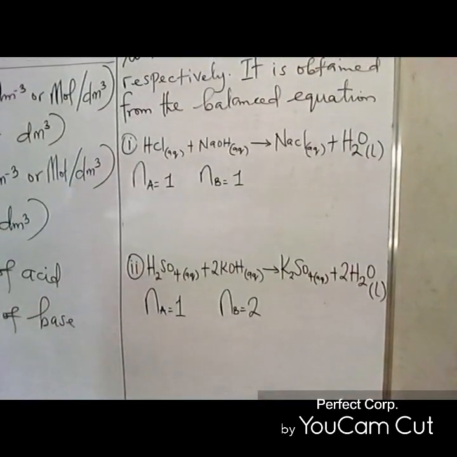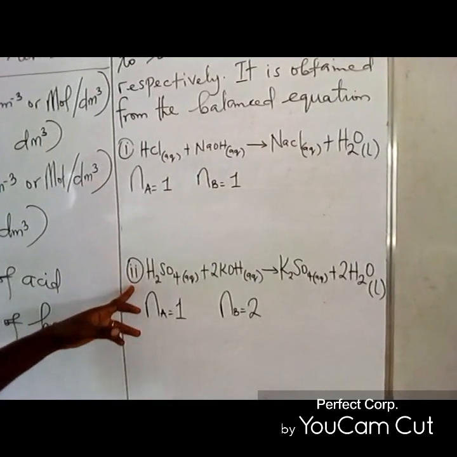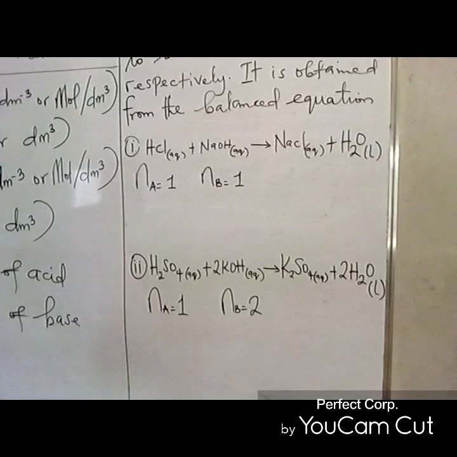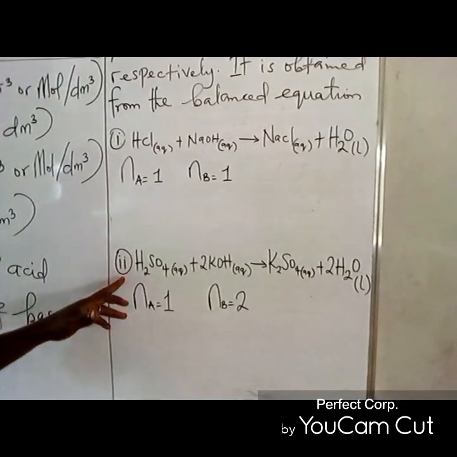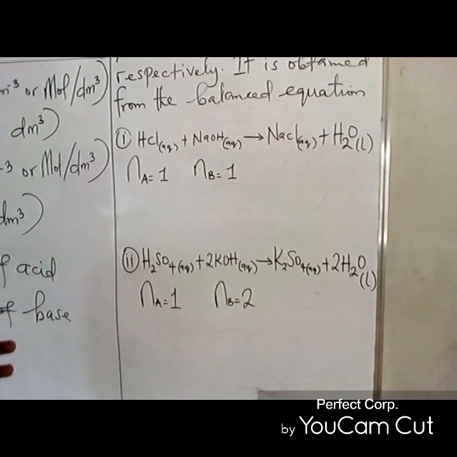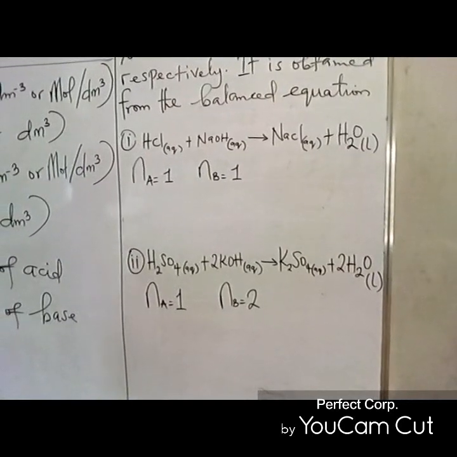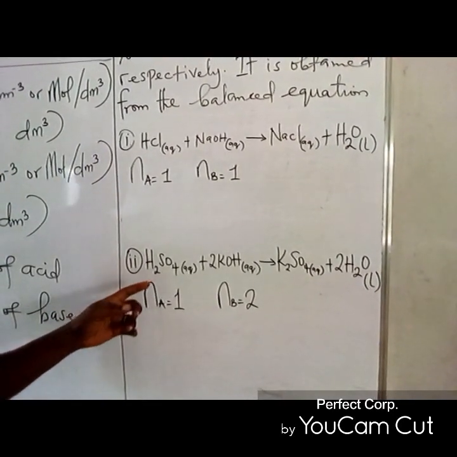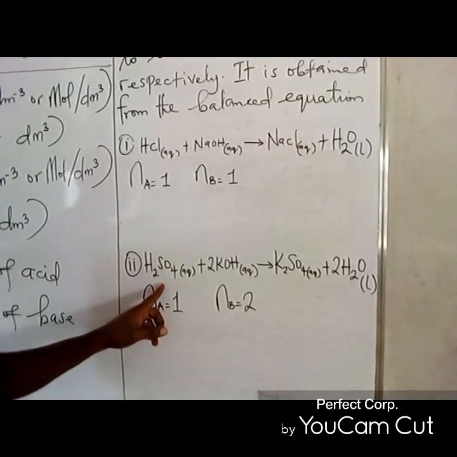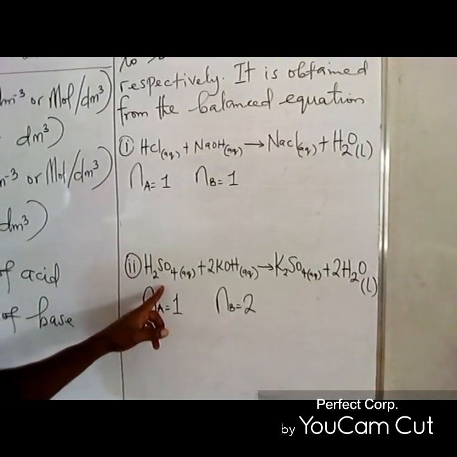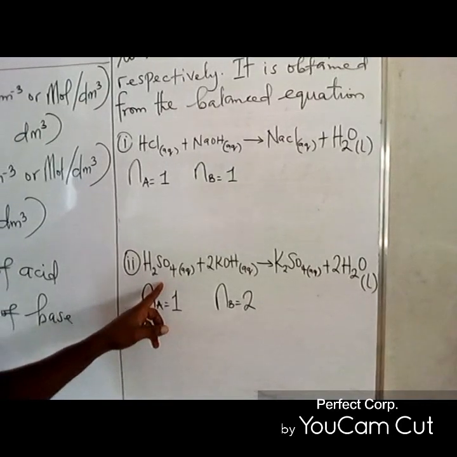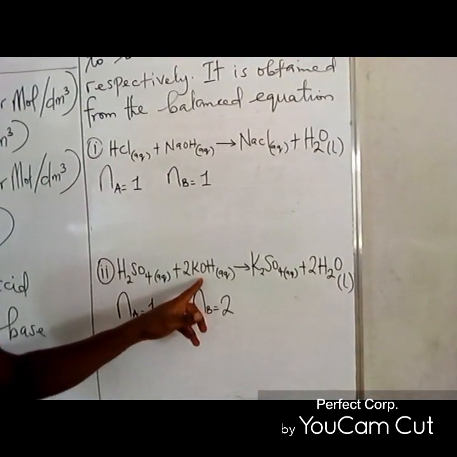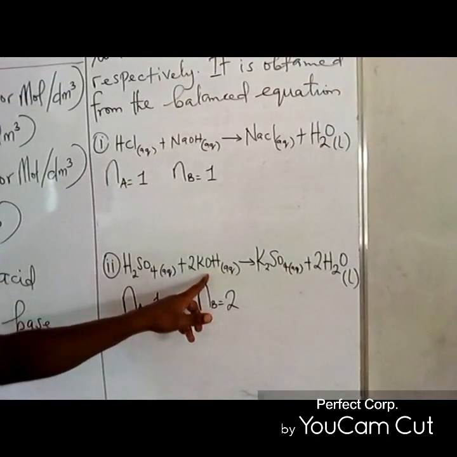Now let's proceed to the second equation that we are given here. Now if you take note from this second equation, can you differentiate acid and base there? If you take note, the acid we have here is sulfuric acid or tetraoxosulfate 6 acid, while the base we have here is potassium hydroxide.